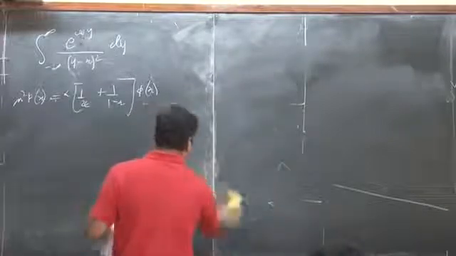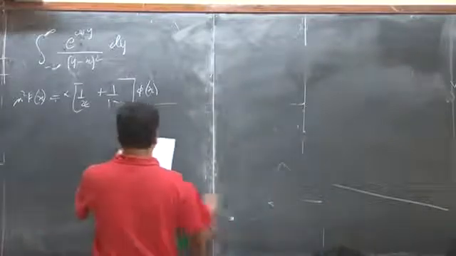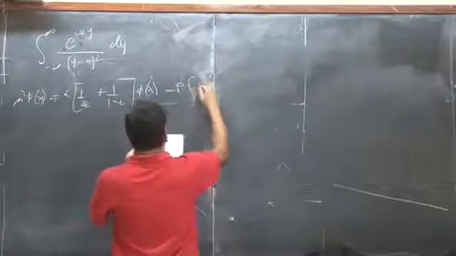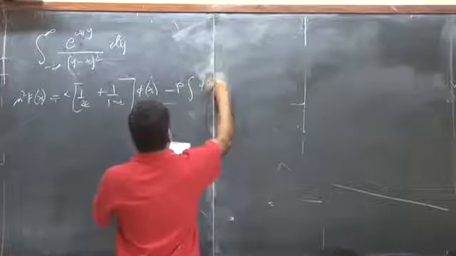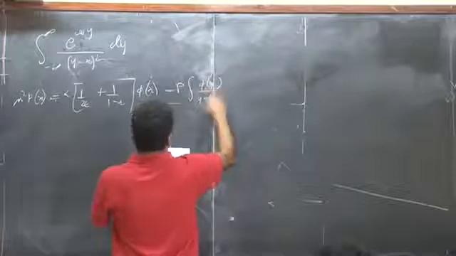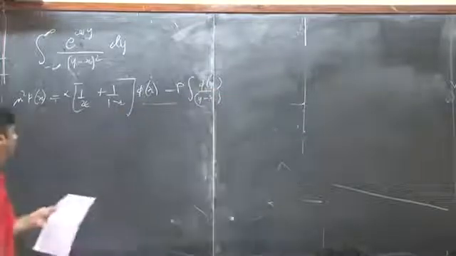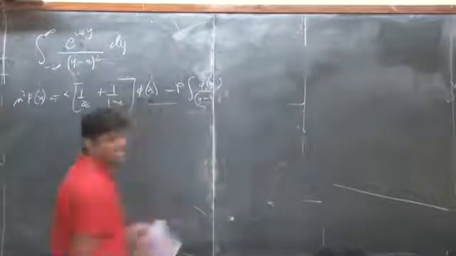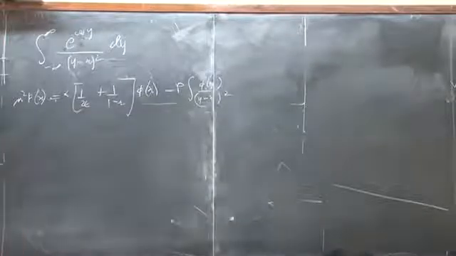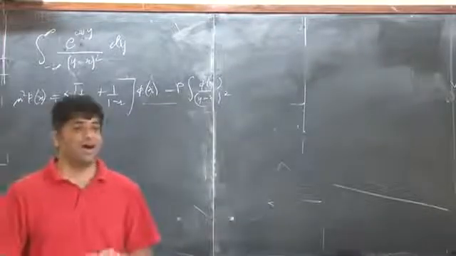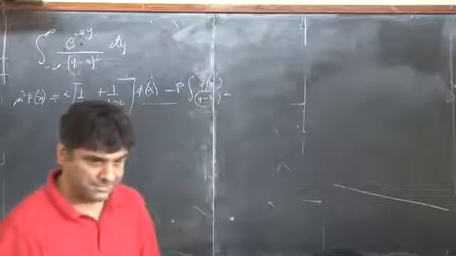Sorry, I should be more systematic. Minus the principal value of the integral of phi of y over (y minus x) the whole thing squared, has a very simple structure.